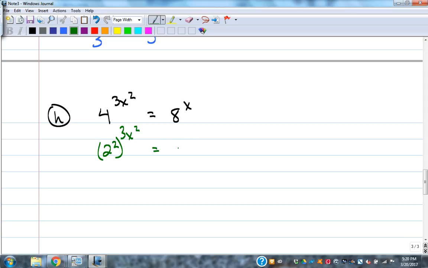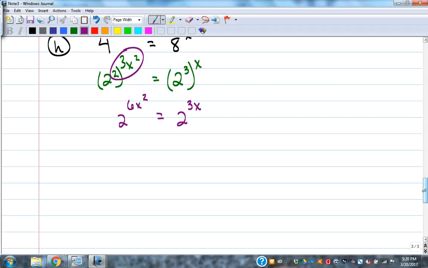Exponentially, 8 turns into 2 to the third. So that's going to turn this into 2 to the 6x squared is equal to 2 to the 3x. That would mean my equation is 6x squared is equal to 3x.